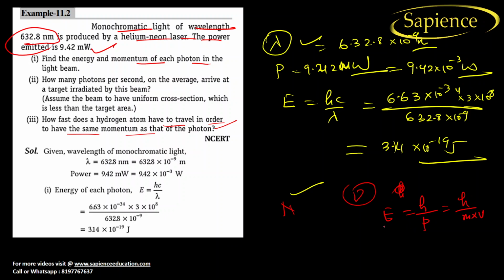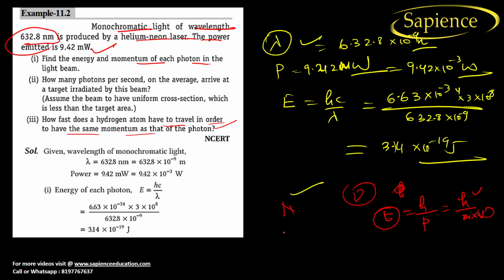So from here you can find it: lambda is given, h is the Planck constant, and they are asking about the velocity.